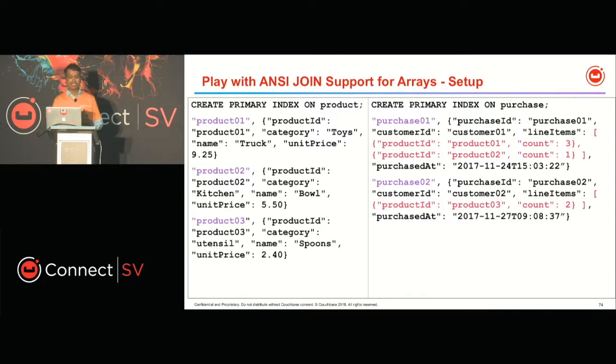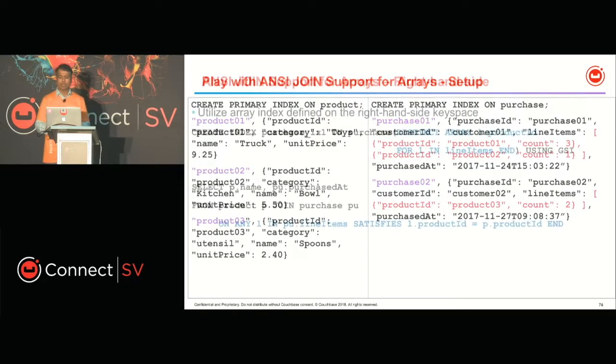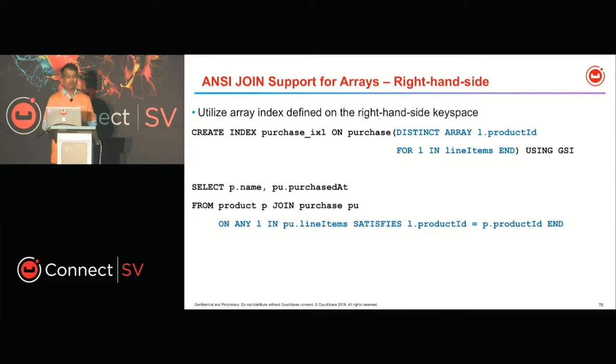Okay, let's say you have the example of product and purchase. In this case, I have a query with the product join; by default, it's inner join product, inner join purchase. Remember we had the expression ranging over collections, the ANY expression.